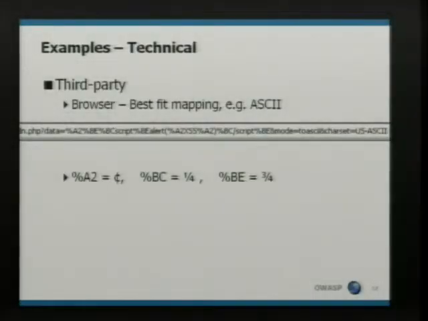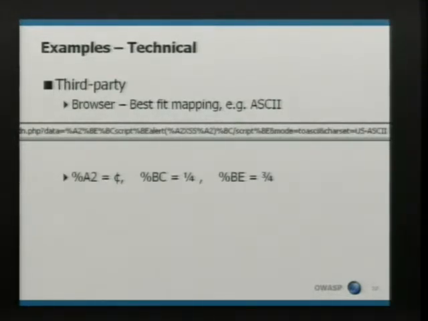An example: ASCII is 7-bit, but what we give here are some really strange characters. If we force the browser to represent this as ASCII, we also get an alert box, cross-site scripting.